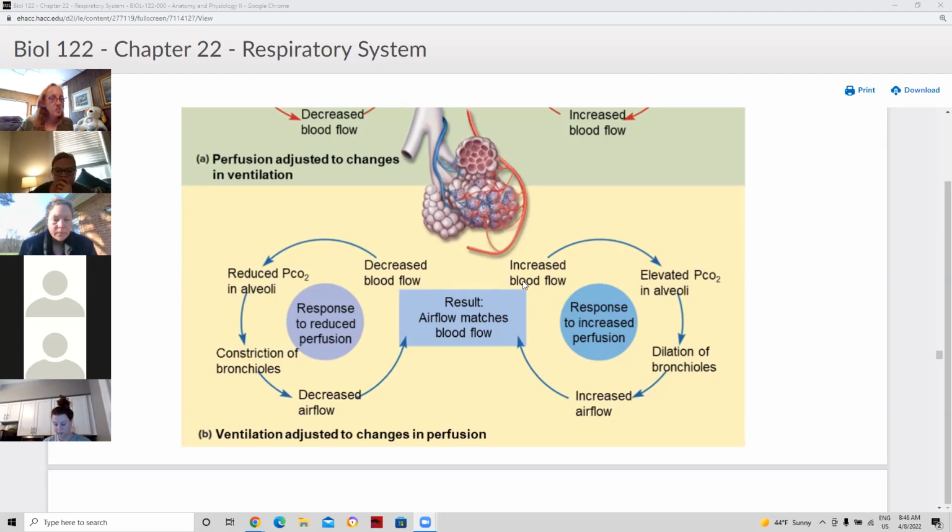Well, what if we have increased perfusion? Increased perfusion of the blood is going to result in elevated levels of carbon dioxide in the alveoli. Which means that our ventilation is lower than our perfusion again.